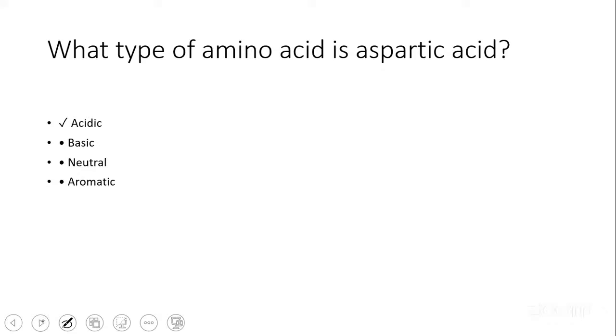We have acidic, basic, neutral, aromatic. It's not aromatic, it's not neutral. It's charged. That's why it's called aspartic acid. Being an acid, it will have an acidic property. It's an acidic amino acid.